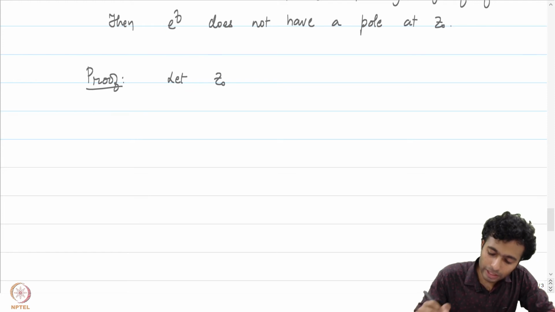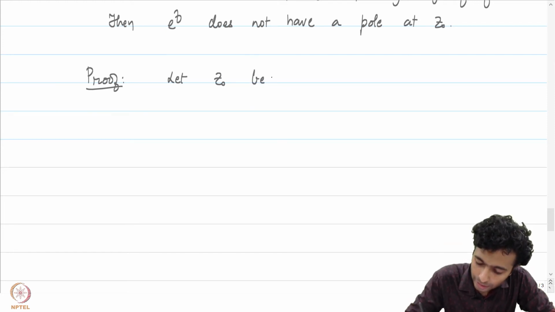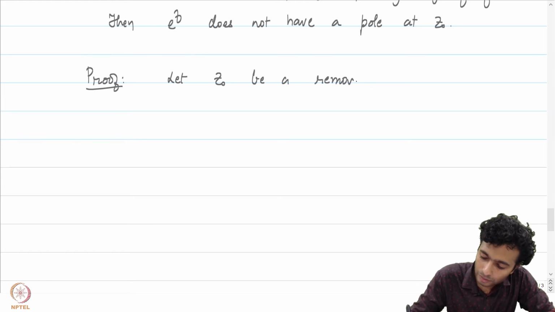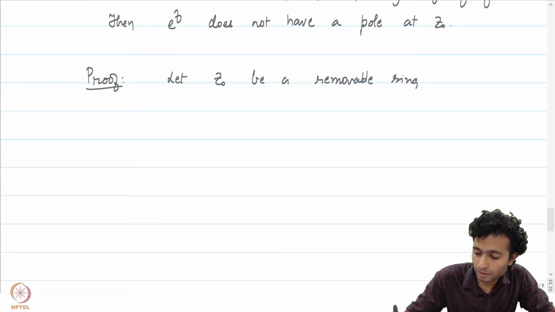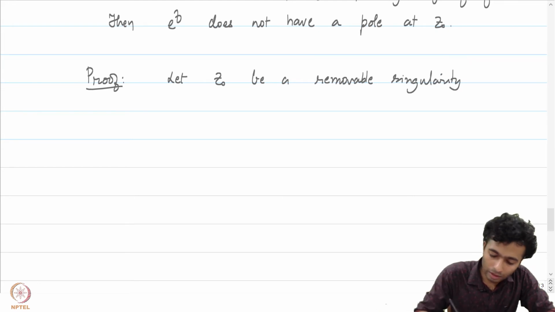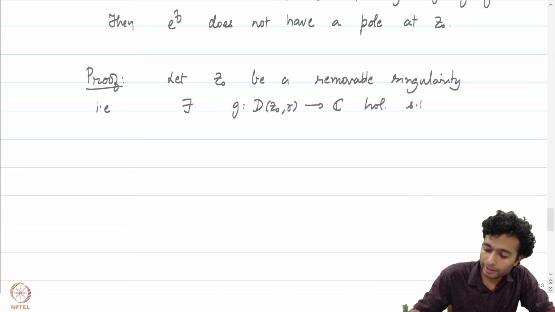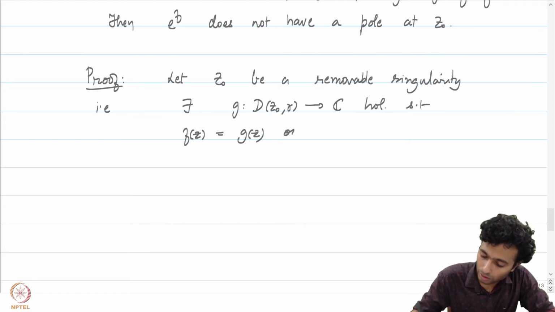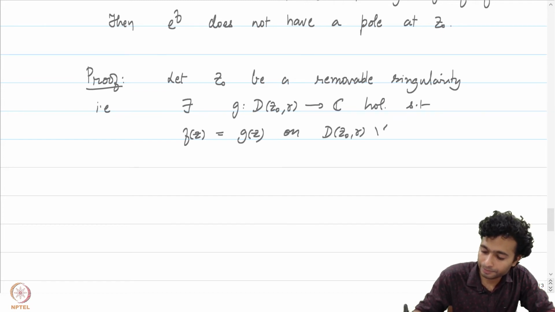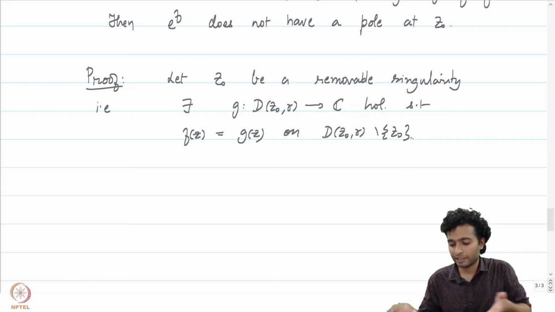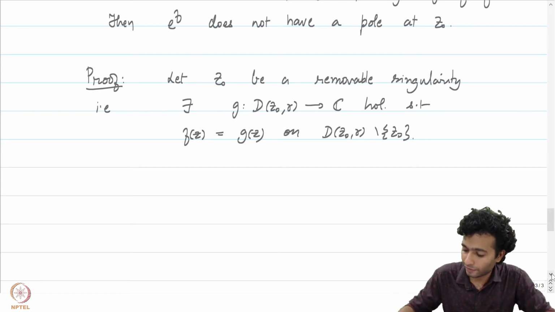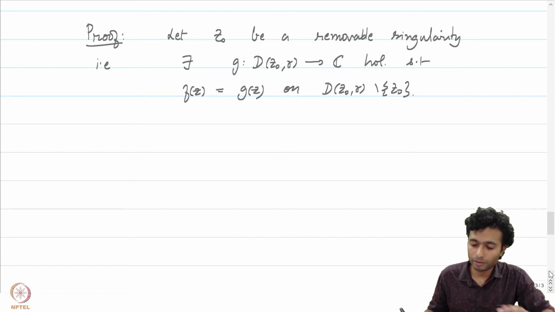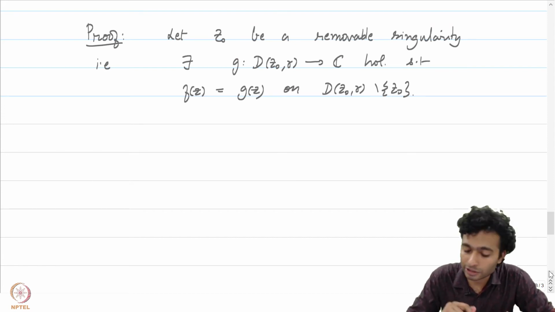Suppose z0 is a removable singularity. This is the simplest case, i.e. there exists g holomorphic on D(z0, r) such that f(z) equals g(z) on D(z0, r) minus z0, where our function f is defined. We don't know its behavior at z0, but since it's a removable singularity, we can get hold of one such function g.